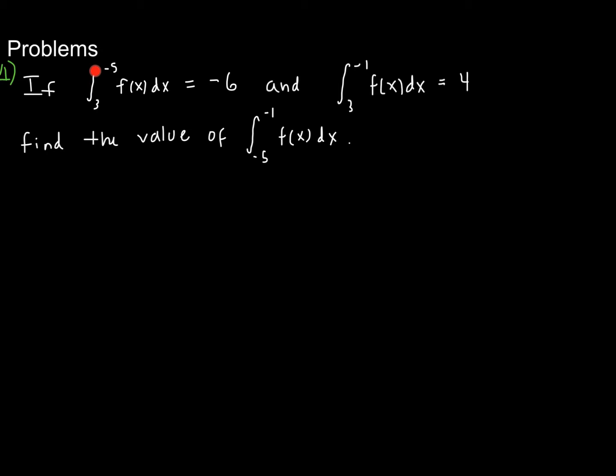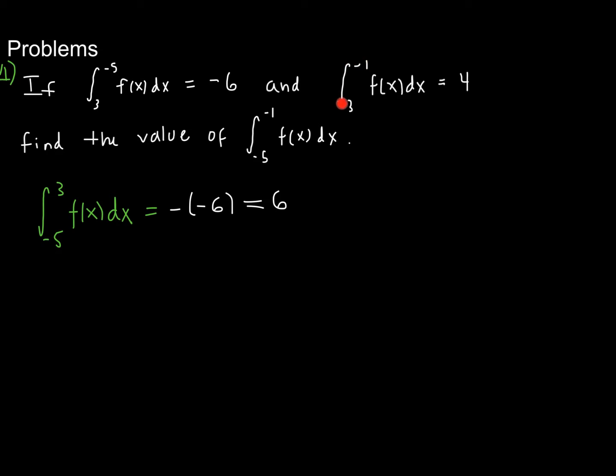So if we reverse the interval and then multiply by a negative, that will lead us to a value of +6. So to show that here, I've switched the limits of integration, and I know that this integral is equal to -6. So this integral is equal to the opposite of that, meaning this is going to be equal to -(-6), which is of course +6.